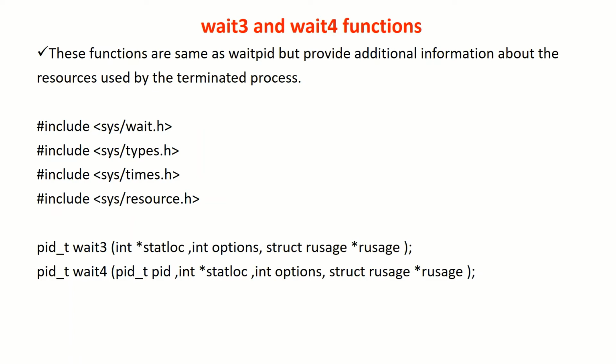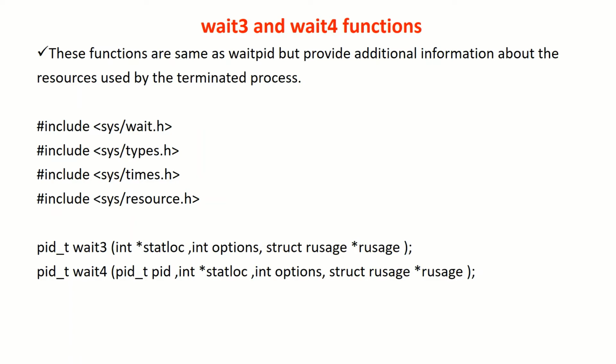This setting is not currently supported. If PID is less than -1, status is requested for any child process whose process group ID is equal to the absolute value of PID. This setting is not currently supported.